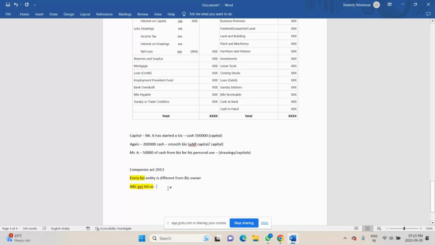Let us take Mr. Ram. That is your business owner.